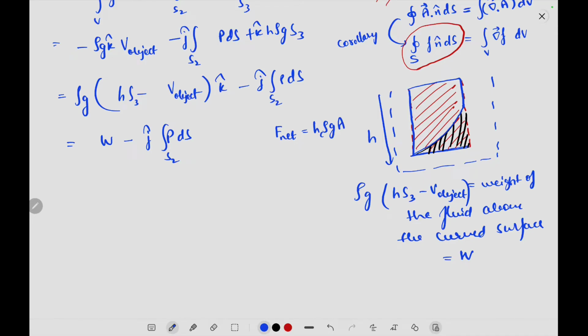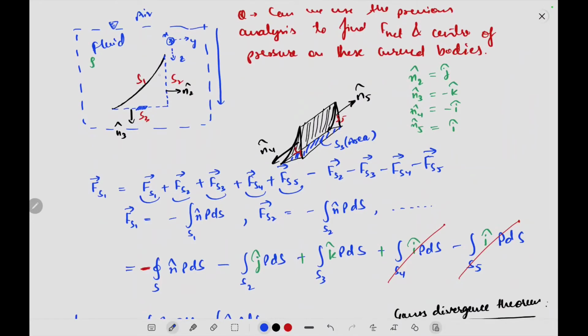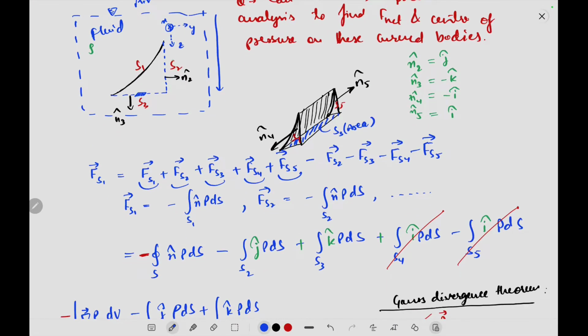So in this case, what would that be? It would simply be the depth of the centroid for the surface S2. Okay, so let's say this is the depth of the centroid. Let's say this is HC. Okay, for this S2.